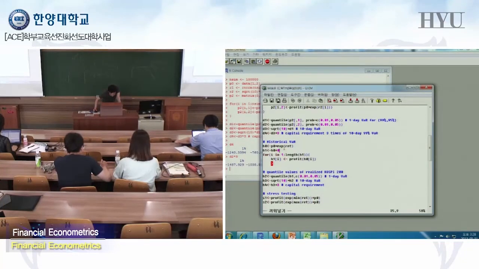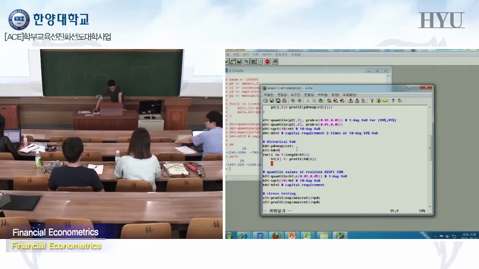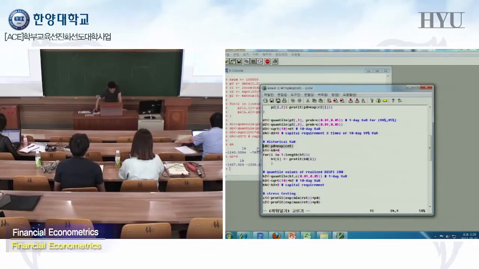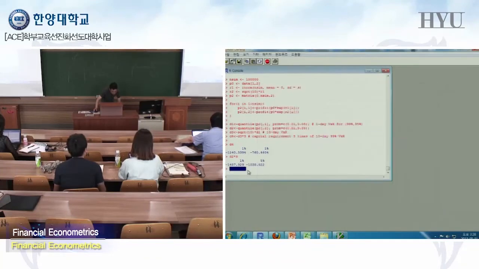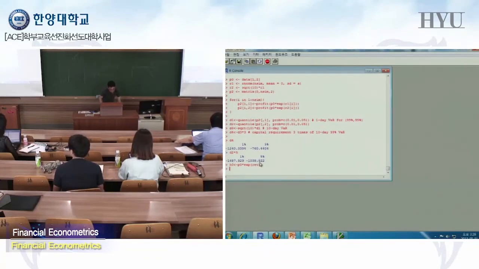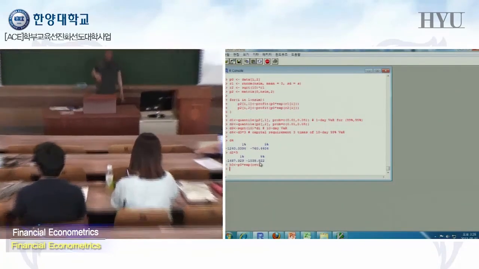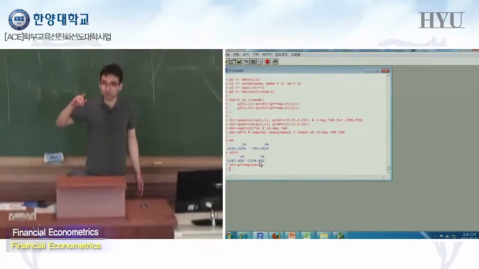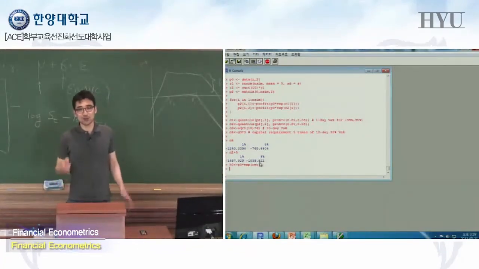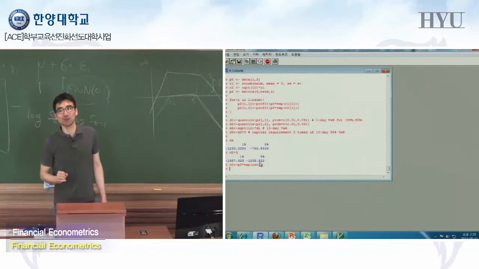I think it is very stupid. But anyway, what I did is first I define the H0 matrix. So the H0 matrix is simply P0 multiplied by the exponential of past return. So it is a simulated KOSPI 200 based on past scenarios.